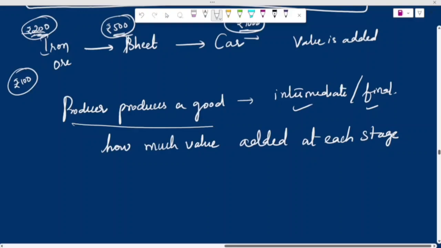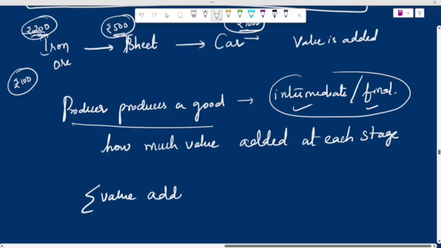So rather than knowing whether it is an intermediate or final good, we can see how much value is added at each stage. The summation of value added at each stage equals the value of final goods or services.